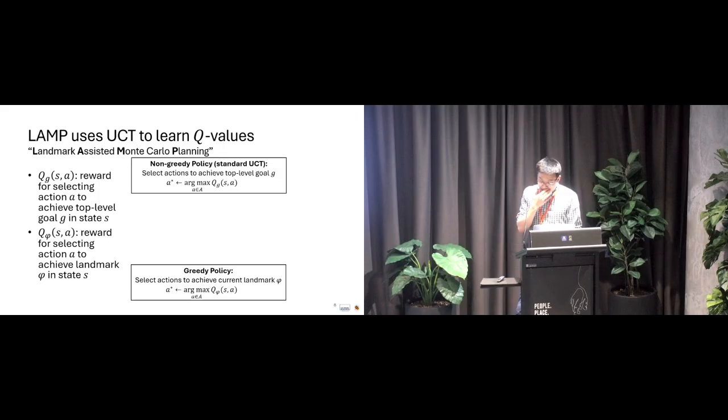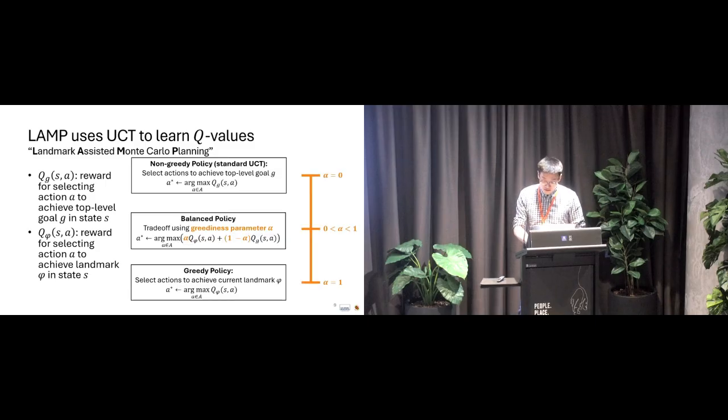If we select actions solely focused on achieving the next landmark, that's fast because it's a much shorter horizon that you're searching for, but it can also be short-sighted since the shortest path to a landmark might actually lead to worse states for a future subgoal or even the final goal. So there's a trade-off to be had between quickly achieving the intermediate landmark versus making longer-term progress towards that final goal. To tune that balance, we introduced a greediness parameter.